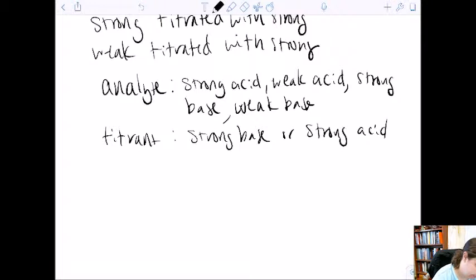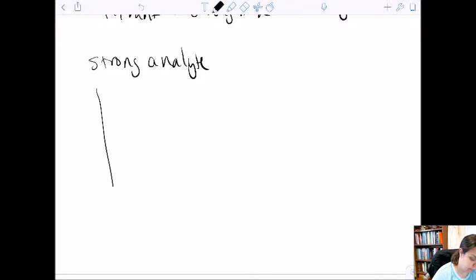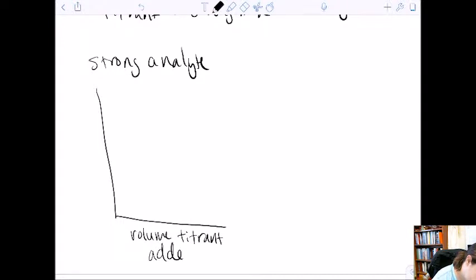So if you have a strong analyte, your equivalence plot takes your volume of titrant added versus your pH of analyte.